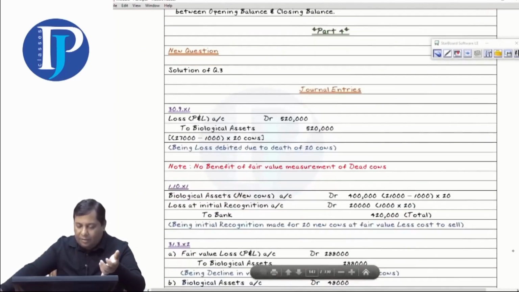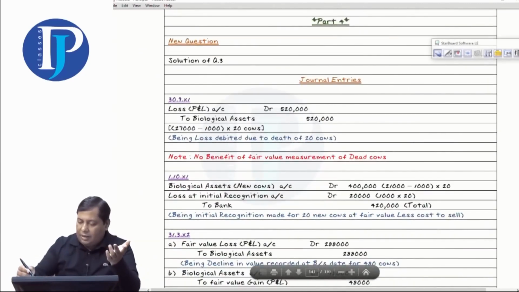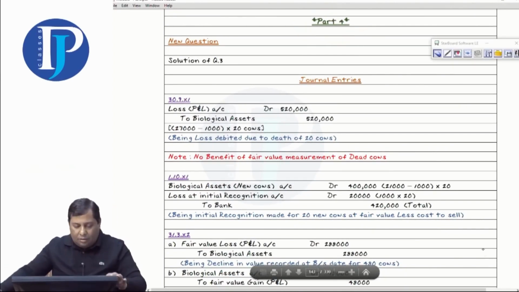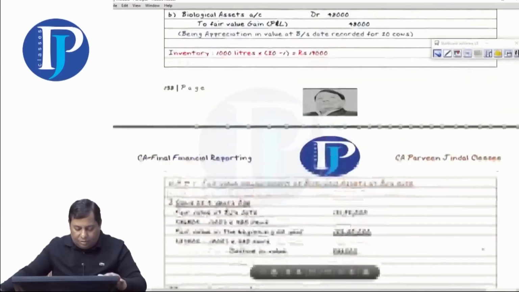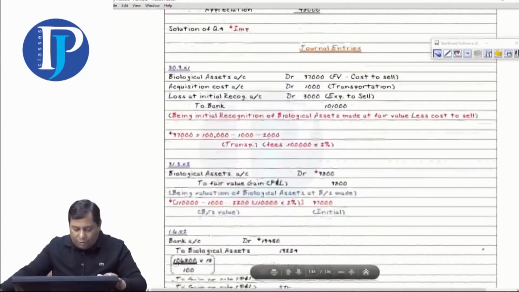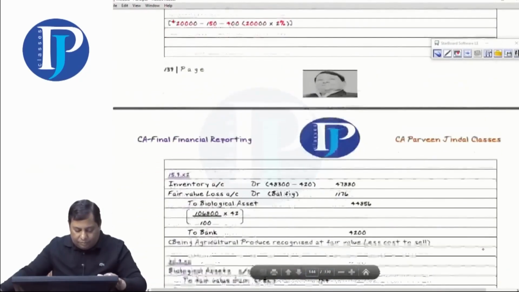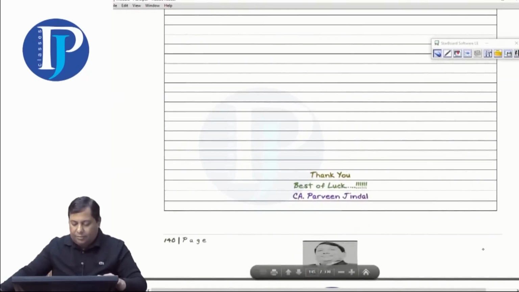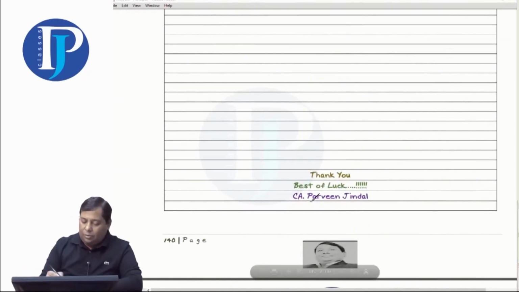Explain disclosure. You can read the disclosures there for your understanding. Video pause here. Okay, question number 3. Then no concept was taught. Such a long question. Then we did the 4th question. Such a lengthy question. See here. Then Jindal sir said, best of luck.